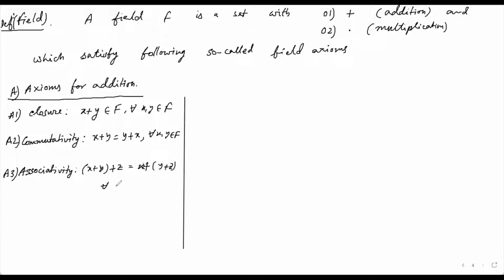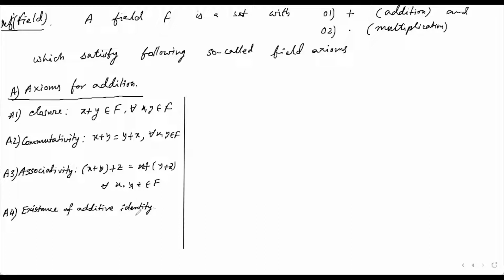This happens for all x, y, z belongs to F. The fourth axiom for addition is the existence of additive identity.